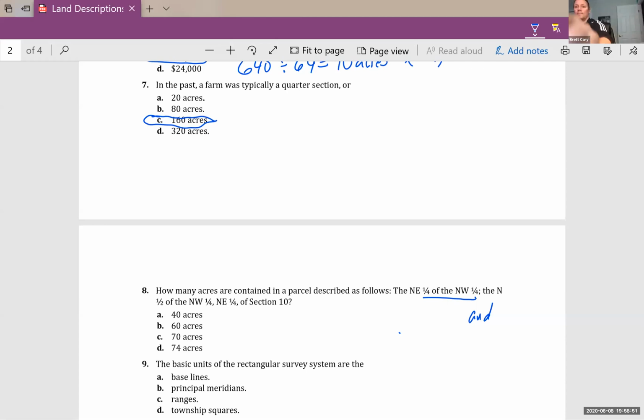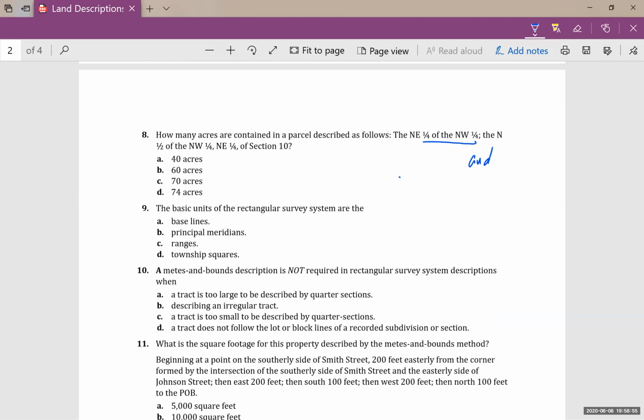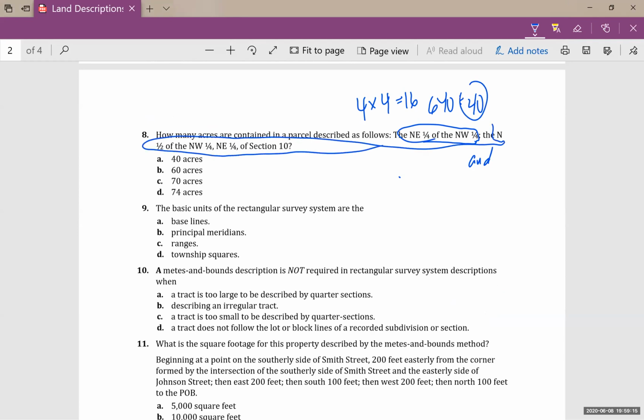Yep. All right, good. So remember, it's 2 pieces of land. You got this one and this one. So that's 4 times 4 is 16. And then 640 divided by 16 is what, 40? Right? And then you got the north half, the second piece of land.